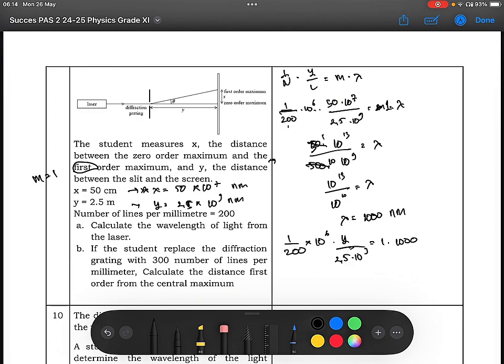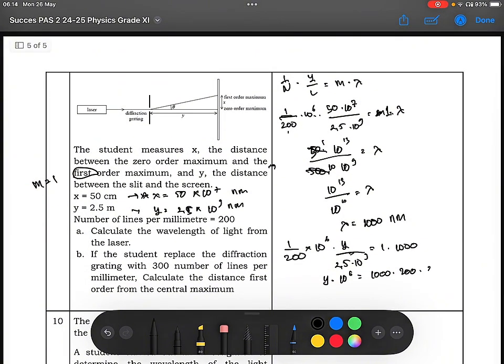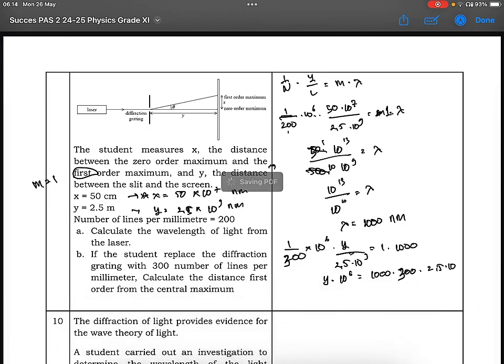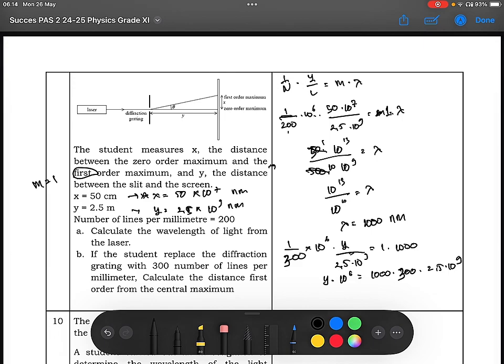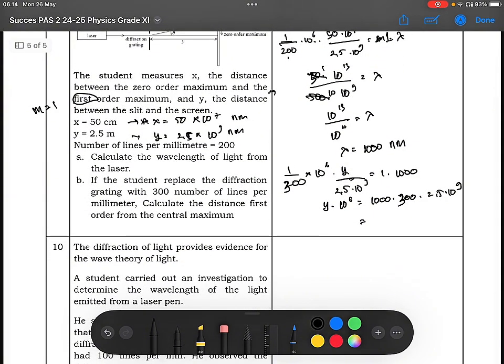You can move the bottom to the right side, 100 plus 200, 1000 to 200, 300.